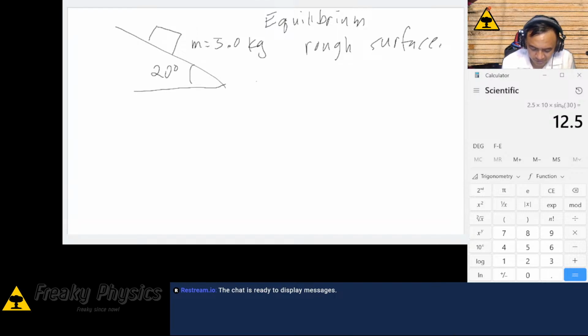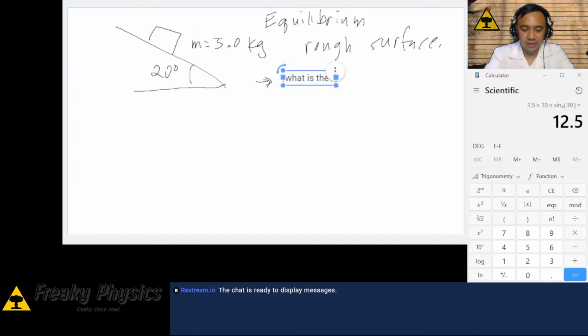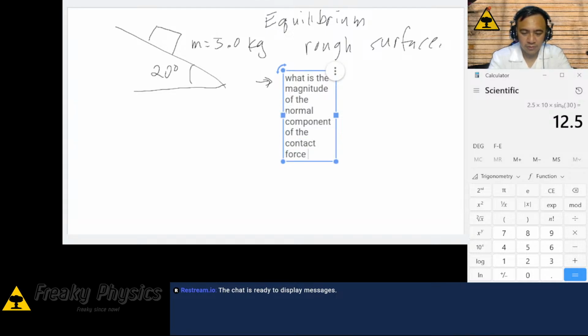Okay, so the question is now, what is the magnitude of the normal component of the contact force? Okay, that's it.